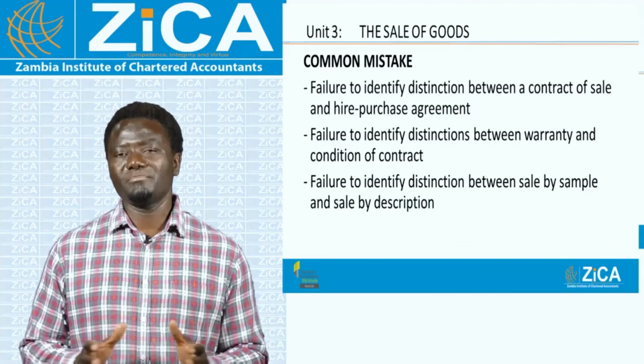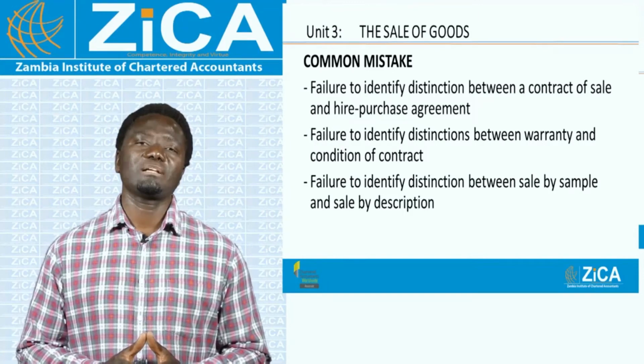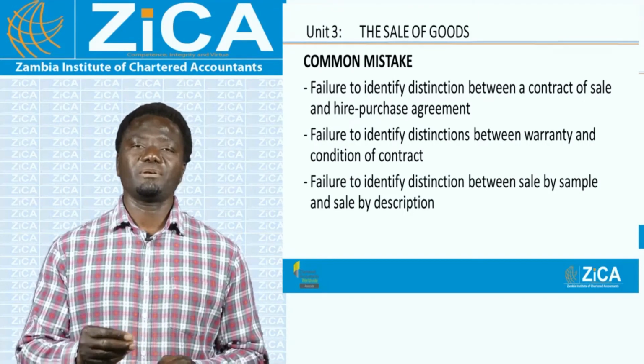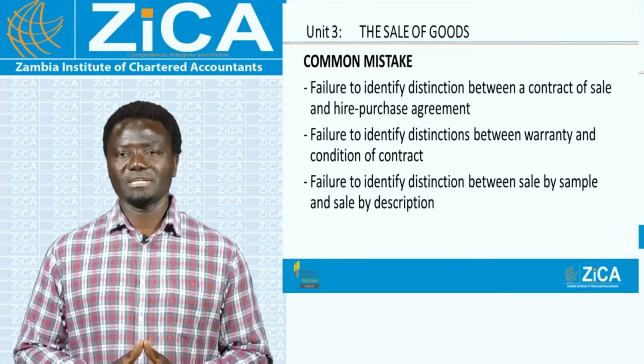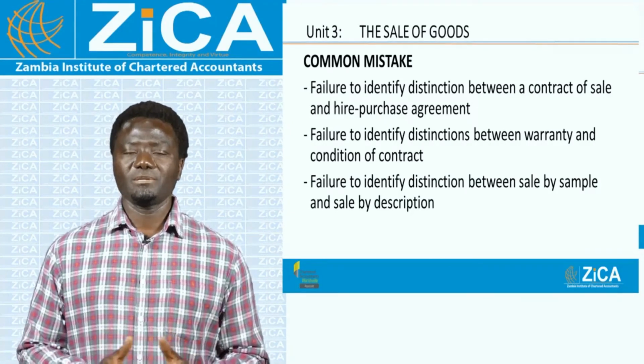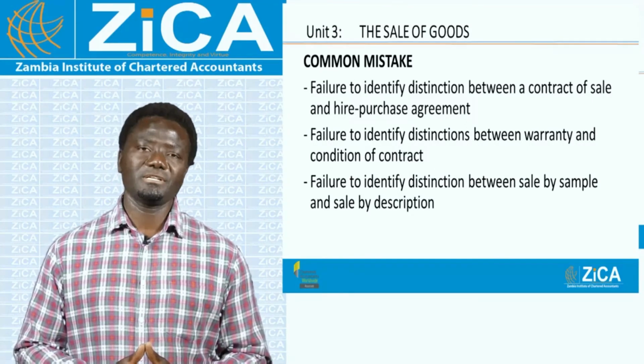It may not really be very straightforward. And some even mistake what is known as a guarantee for a warranty. That again is a very different point. But of course, we're not concerned with guarantees here. We're concerned with a warranty and a condition of a contract.